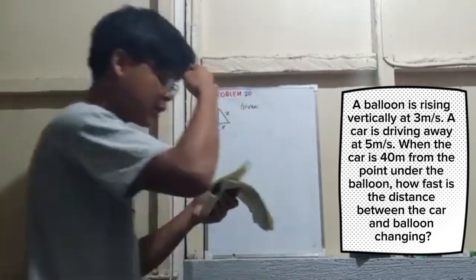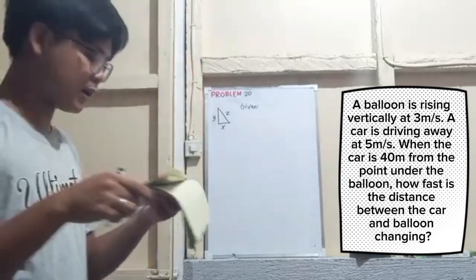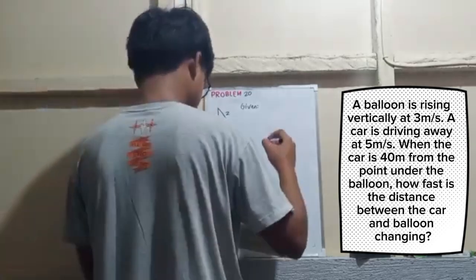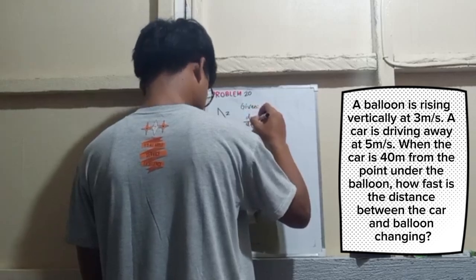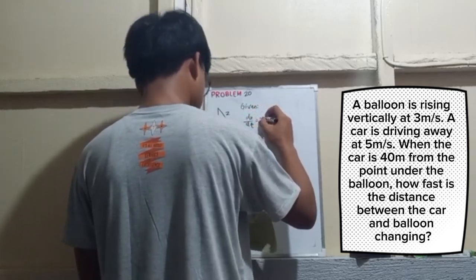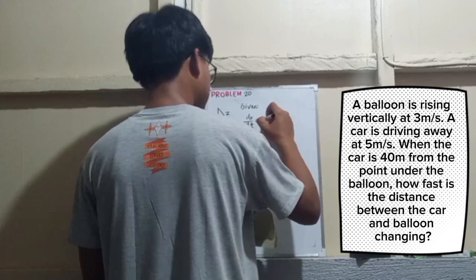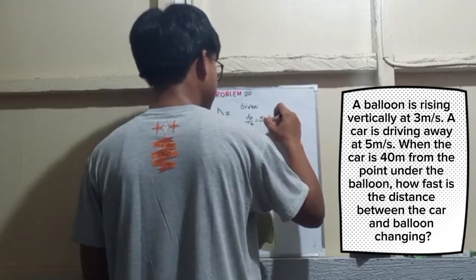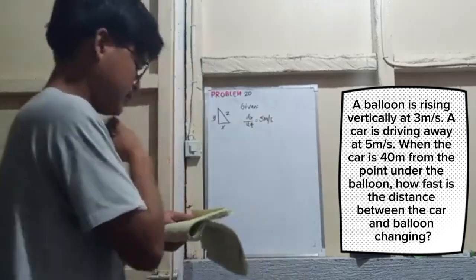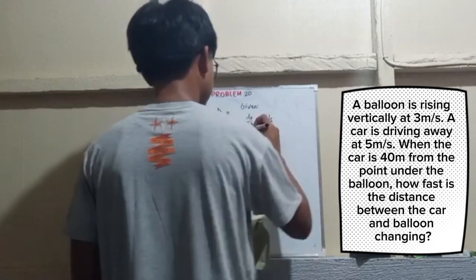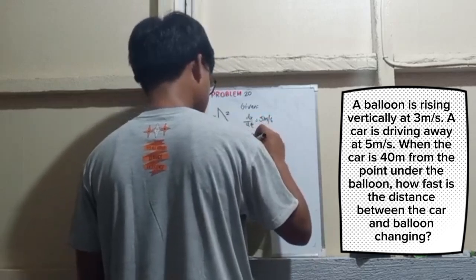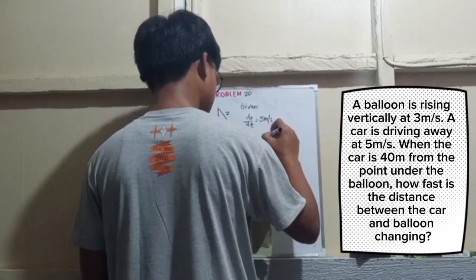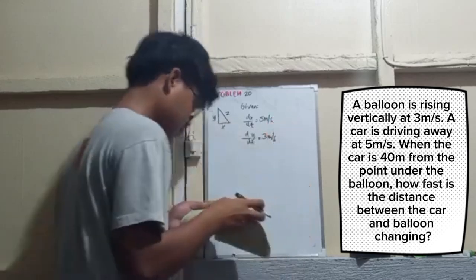So we will now determine the given in the problem. So we'll have the rate of the car as dx/dt equal to 5 meters per second, and the rate of the balloon is dy/dt equal to 3 meters per second.